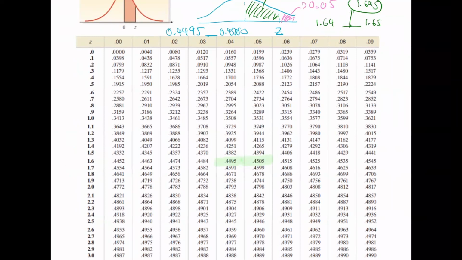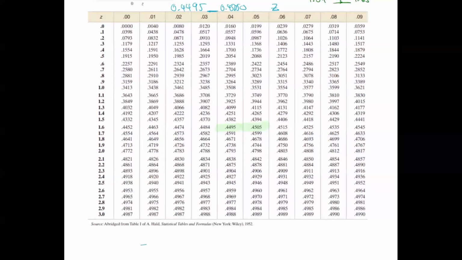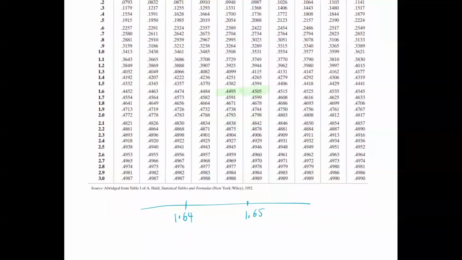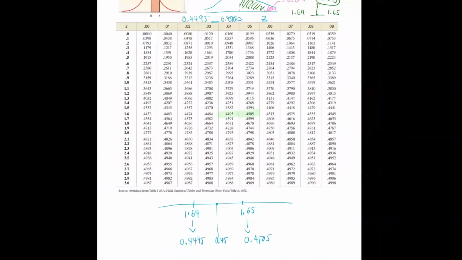So you always subtract the z from 0.5. Not sure what you mean, because here I have 1.64 and then I have 1.65. This one corresponds to 0.4495. This one corresponds to 0.4505, but I want 0.45 and it is in the middle. That's why I know it is this point. Does it make sense to you now?